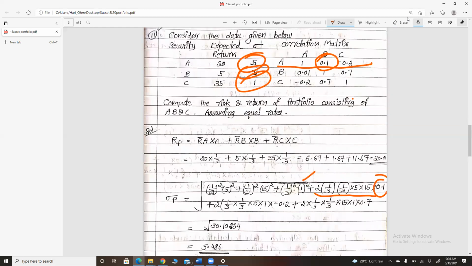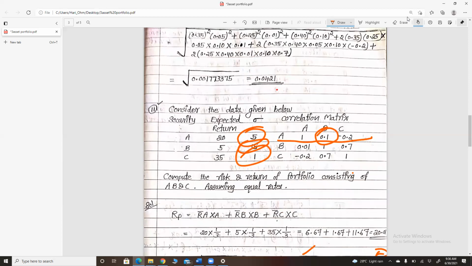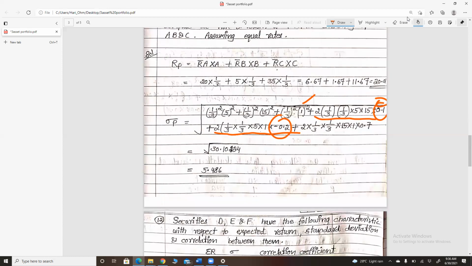Is it clear? Say R12 is over. Next is R13. R13 is nothing but first row, third one, that is minus 0.2. Okay, clear? Minus 0.2. This is R13.